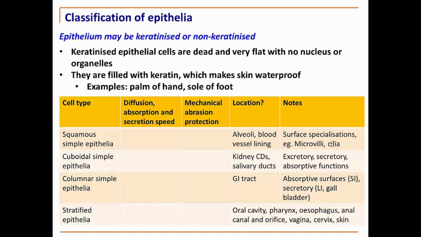All I want is yes, good abrasion protection, or no, not particularly good. So again, press pause, have a look at each of these, and think about whether diffusion, absorption and secretion are fast or slow, and whether we get good protection against abrasion, yes or no. You might not know this, but you can start to use some common sense by the very location of it and what's going on in that system. So press pause.